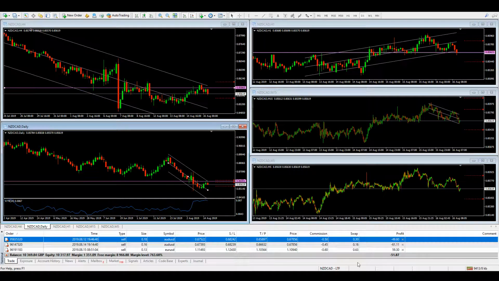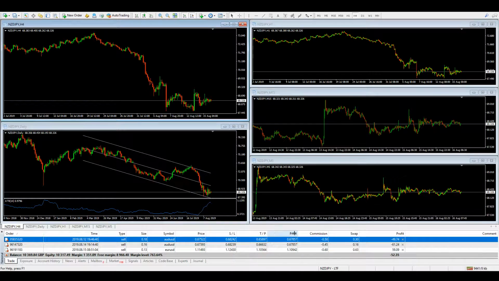If you're in it for a massive long haul and having to pay out swaps, that can have a massive impact on your profitability, especially if the interest rates of the two currencies that make up the pair are massively wide apart. It can just mess you over. So pay attention to those.